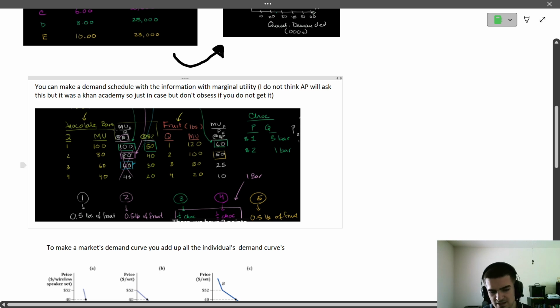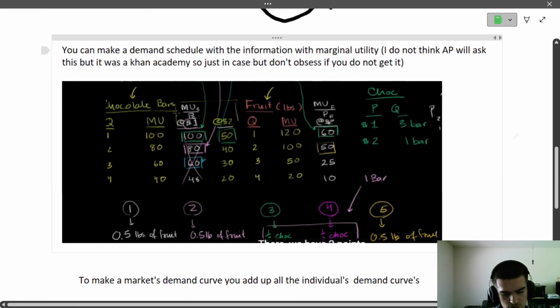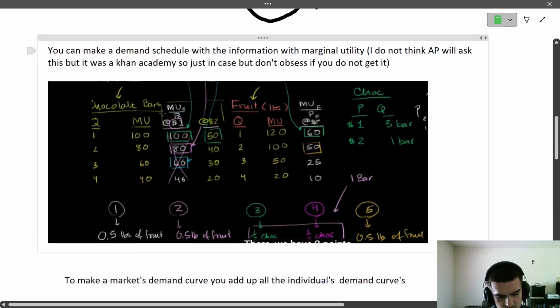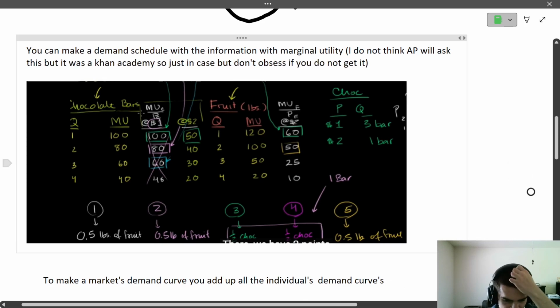You can make demand schedules with the information for marginal utility that we learned in Unit 1, but I don't think AP will ask about it. But I'll show it to you all anyways. So let's say this person has $5.